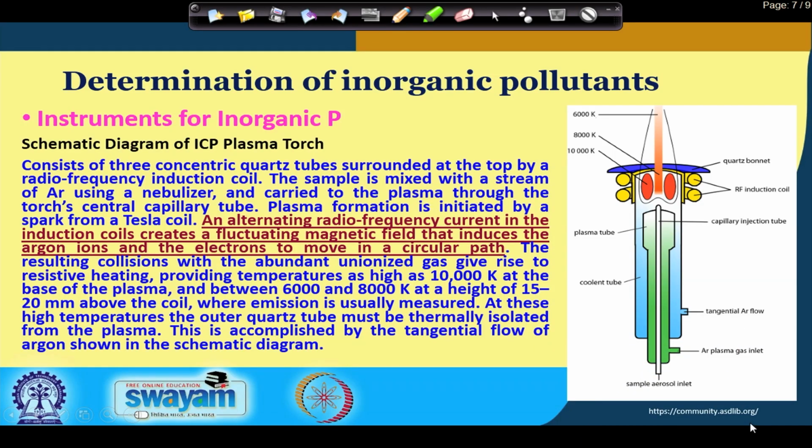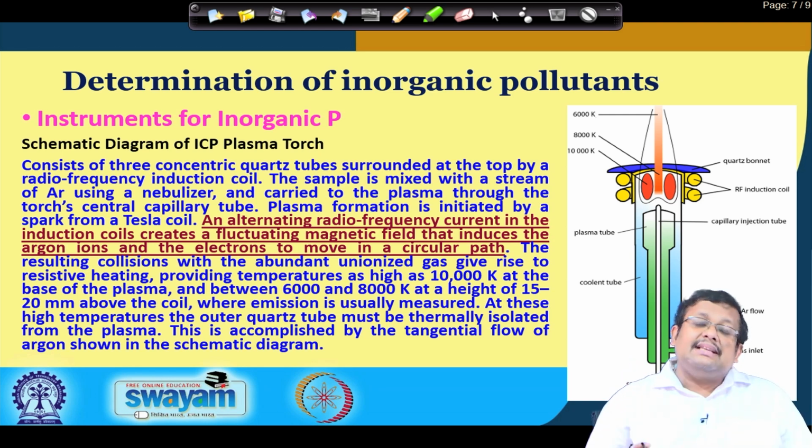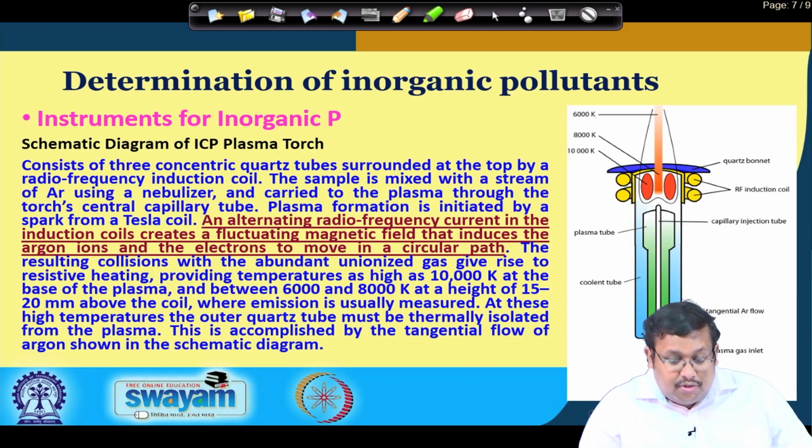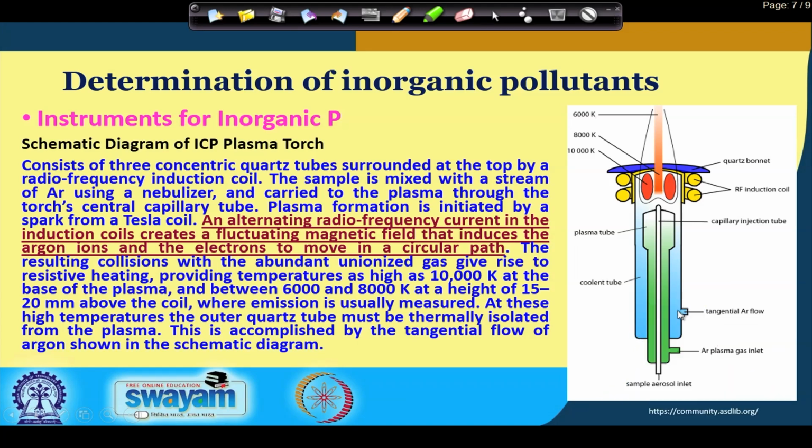Now, why is it called ICP? Why is it called inductively coupled plasma? To understand the reason behind this name, we have to see the schematic diagram of the ICP plasma torch and how it operates. This diagram shows the ICP plasma torch, which consists of 3 concentric quartz tubes surrounded at the top by a radio frequency induction coil.